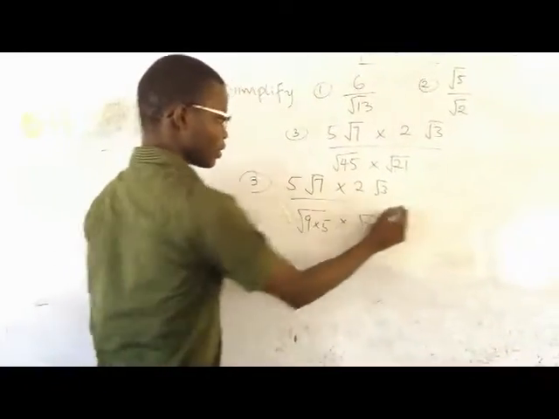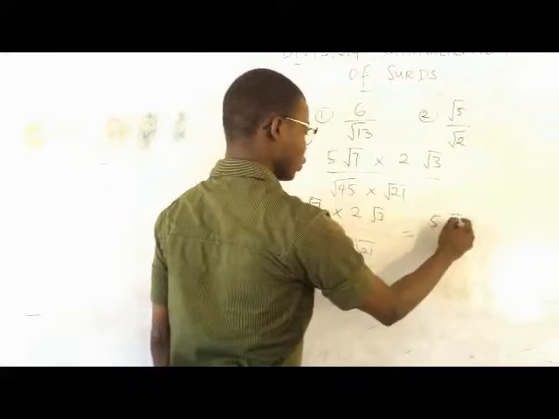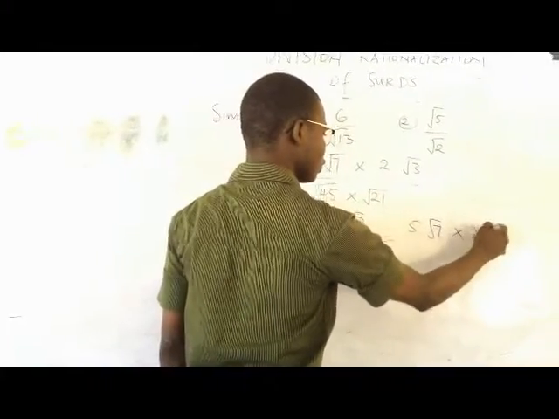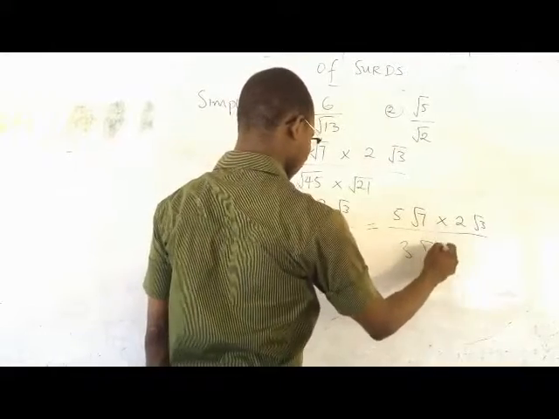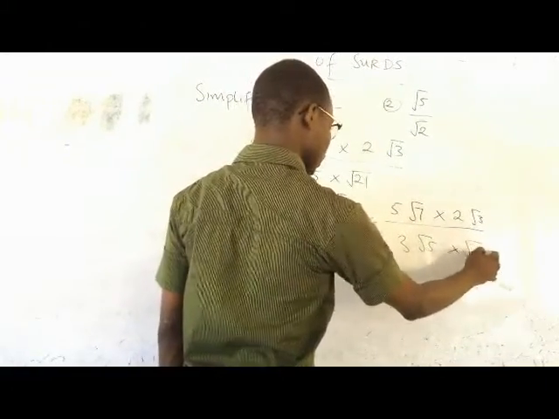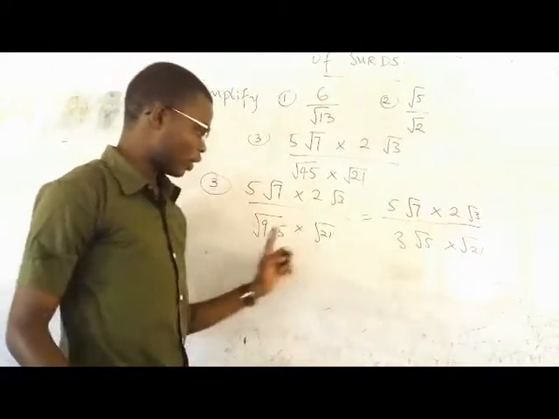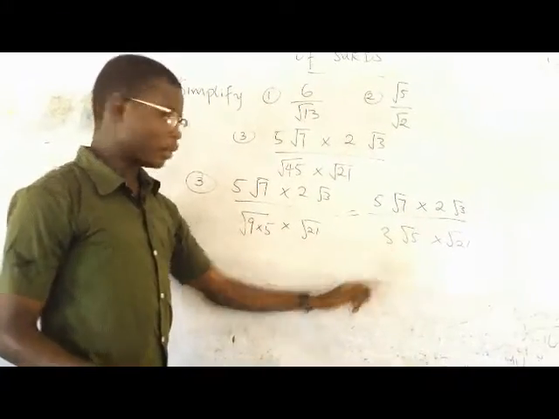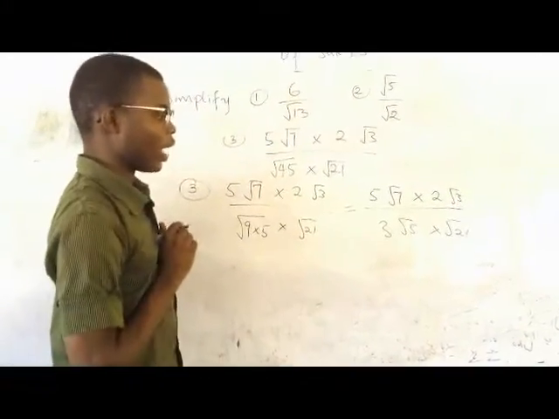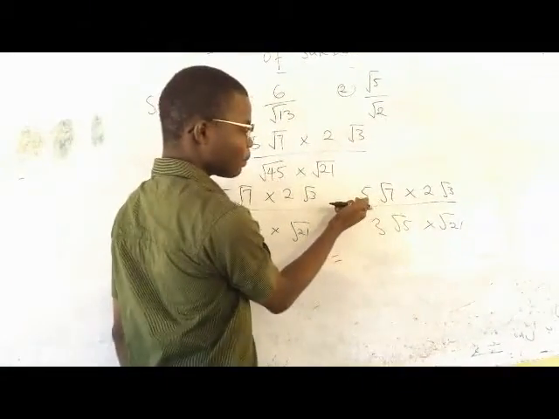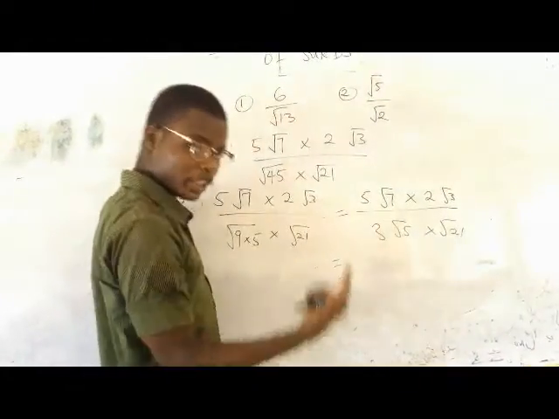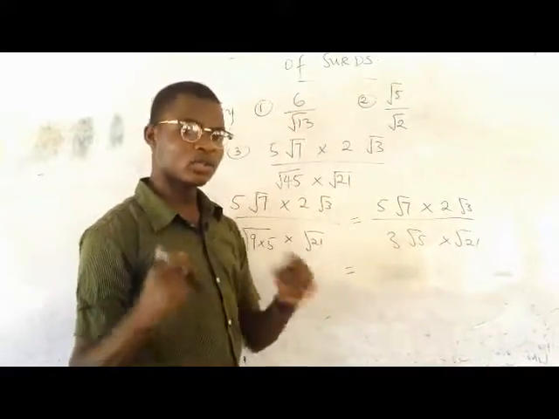Now this becomes 5 root 7 times 2 root 3 over 3 root 5 times root 21. You can understand how I got 3. The square root of 9 is 3. Now what do I do here? I can multiply now. I multiply the ones outside the root with each other and those under the root with each other.